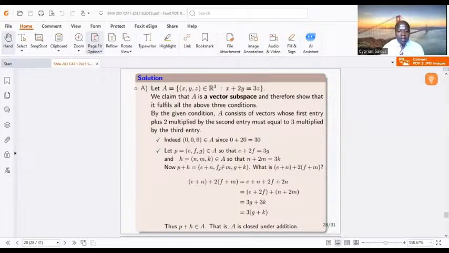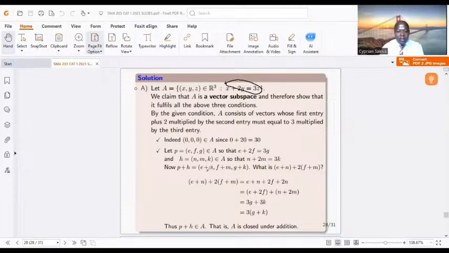Now, for P plus H to be in A, it must fulfill this condition. Let me see whether it fulfills.